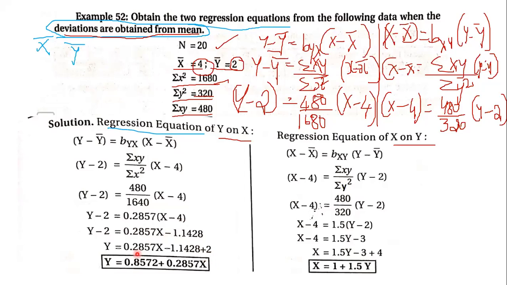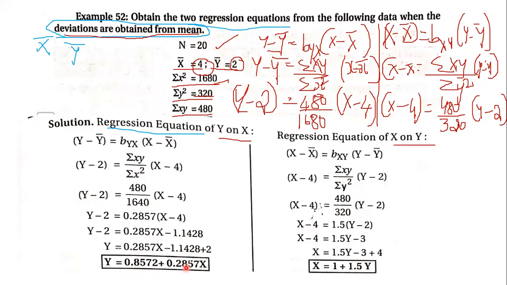So 0.2857x minus 1.1428 plus 2. The equation has come to the first part, so it is minus 1.1428 plus 2. That is why you get 0.8572, and the x term is taken to the second place.